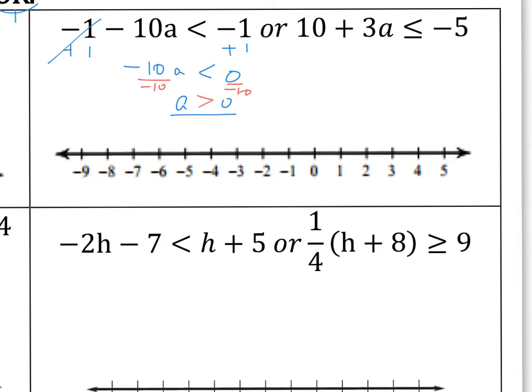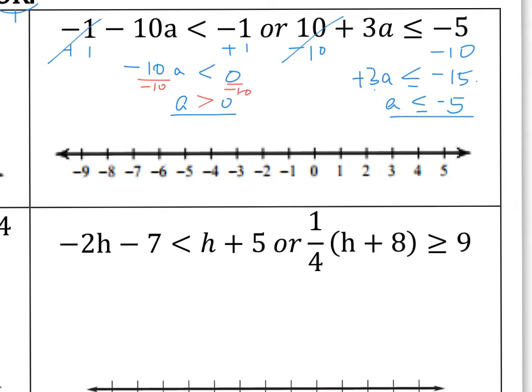And for this one, subtract 10, subtract 10. Cancel that out. Take down 3a less than or equal to negative 15. Okay, so now we're dividing by a positive number, so we don't have to reverse the inequality sign. So negative 15 divided by 3 gives you negative 5.